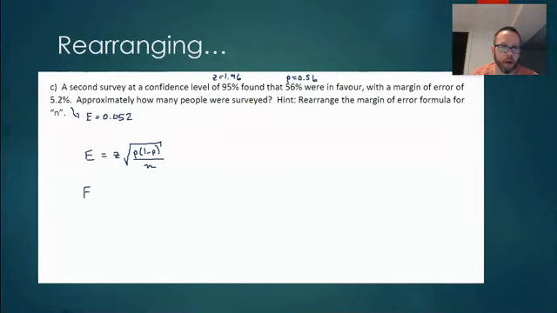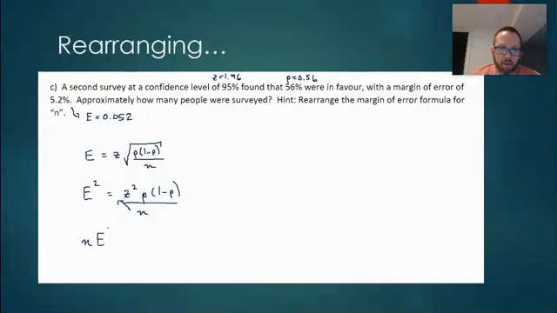So on the left, I get the margin of error squared. On the right, I'm going to square Z, so Z squared. And when I square what's in the square root, I just get what's inside. So I'm going to have my P, I'll have my 1 minus P all over N. And I can get the N by itself by multiplying it up.